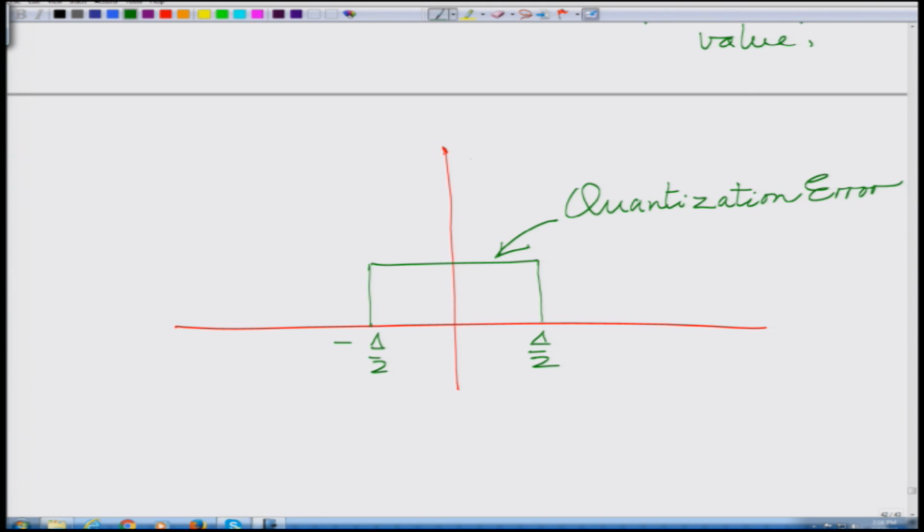Let us say this is your q, and this is the probability density function f.